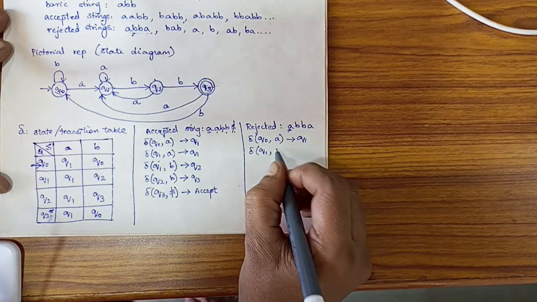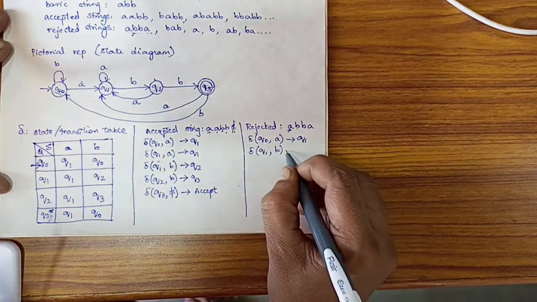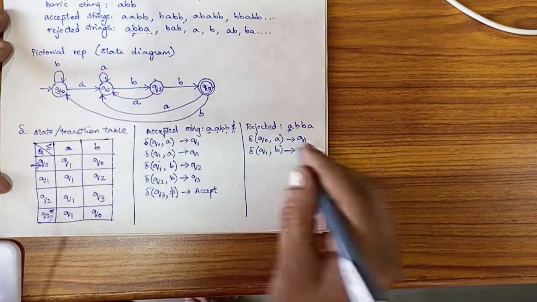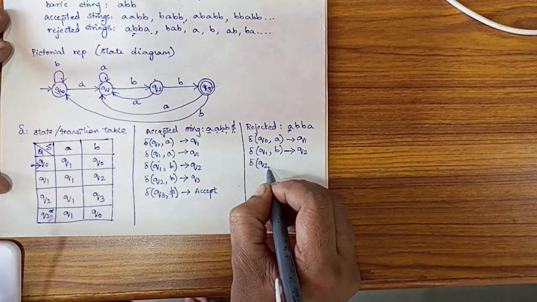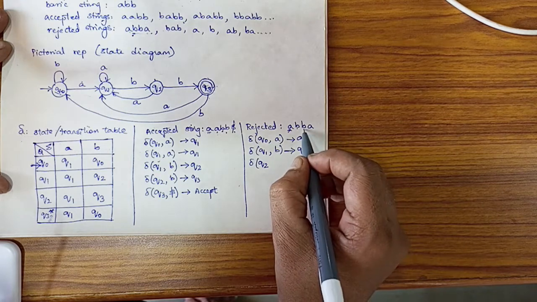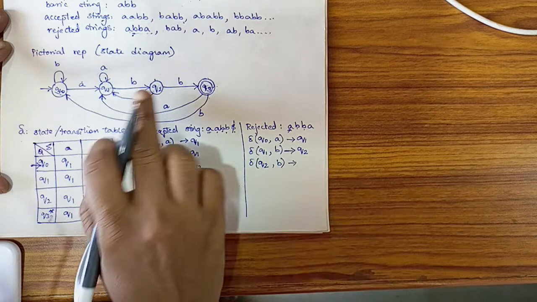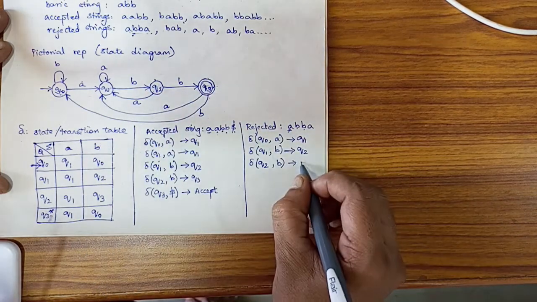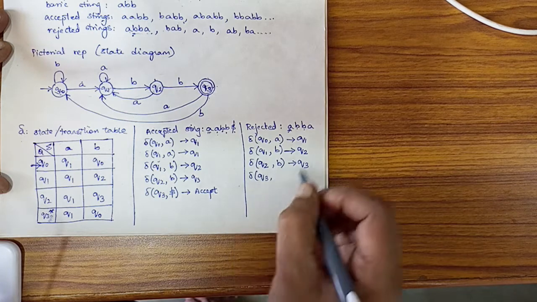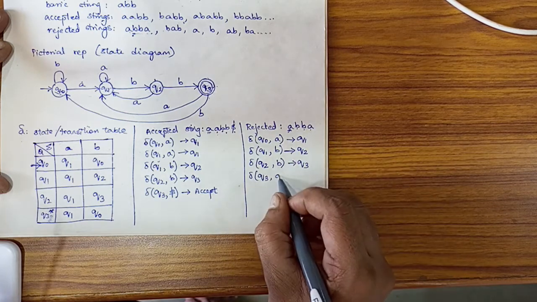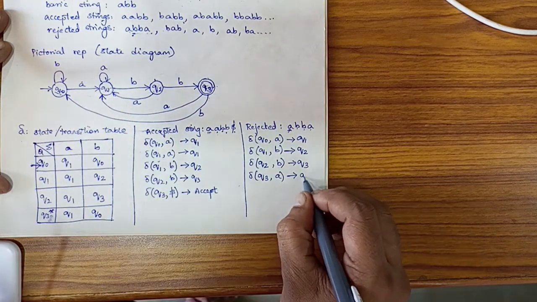Q1 on reading the next input symbol, the next input symbol is B. Q1 on reading a B goes to Q2. Q2 on reading the next B, this is the next input symbol. Q2 on reading a B goes to Q3. Q3 on reading the next input symbol, which is A over here. Q3 on reading an A goes to Q1.